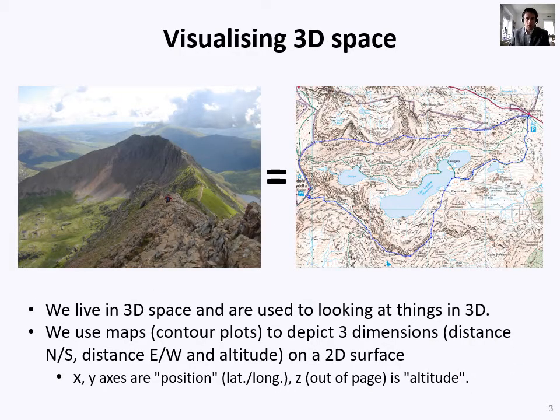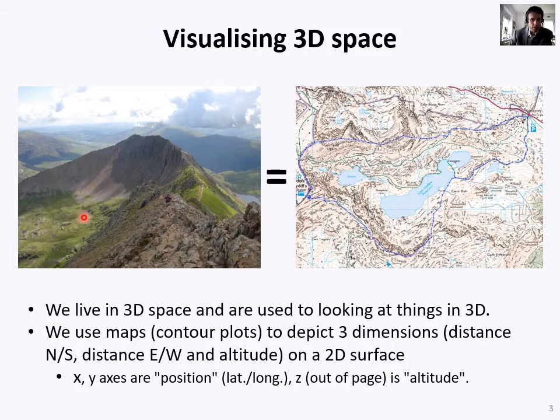Of course, we're quite familiar with the idea of 3 dimensions because we live in 3-dimensional space. A very obvious example would be going walking in the mountains. You see the mountains in 3 dimensions, and the altitude is the Z direction, the up direction.